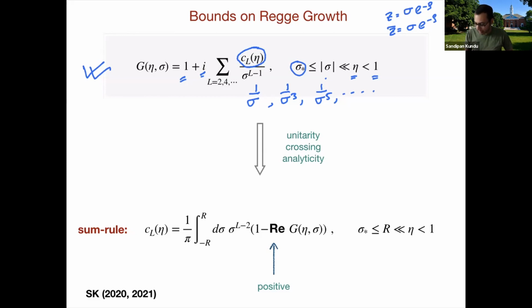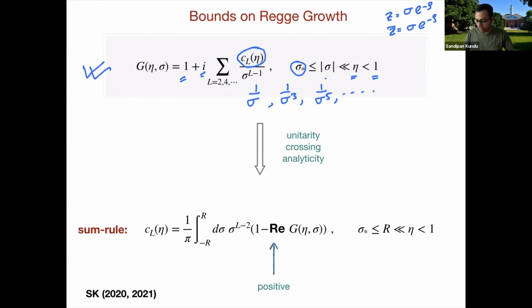So on the right hand side, I have an integral over sigma, but for this integral, I cannot use this form because this is valid only up to some cutoff scale. So it's not that I can actually compute the right hand side, but from the unitarity, crossing and analyticity properties that we can use from conformal bootstrap, I know that this quantity here is positive.